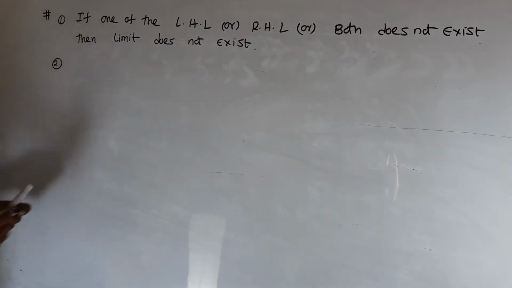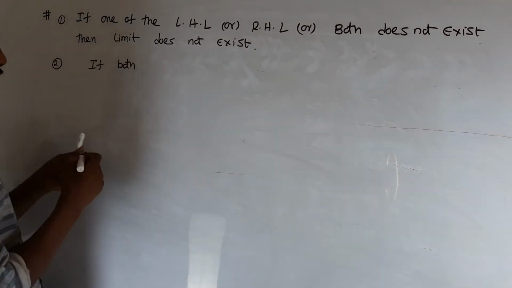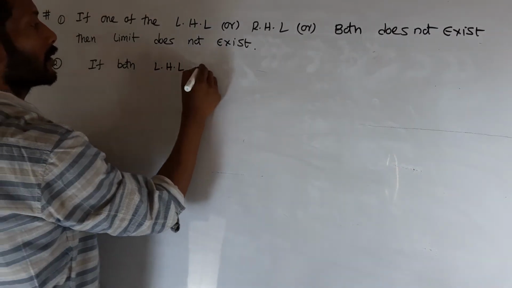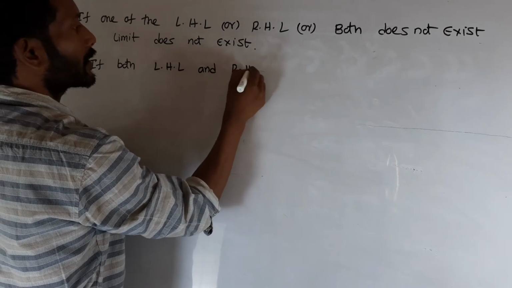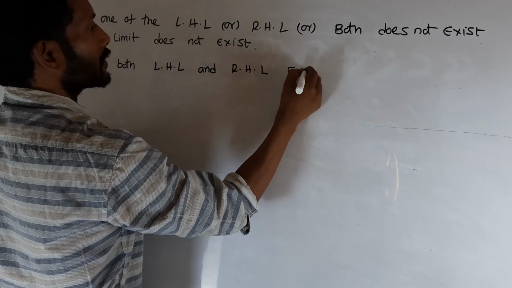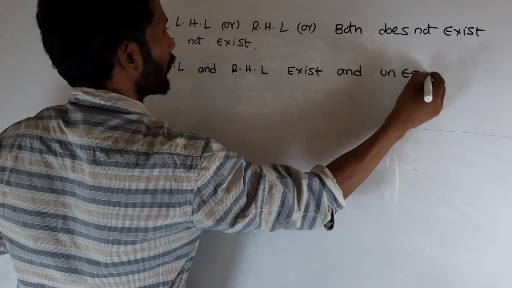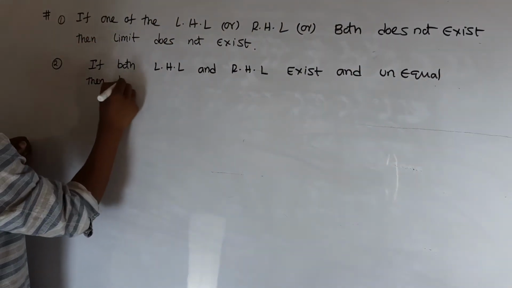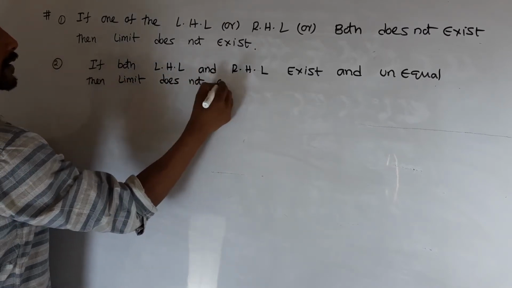Second one. If both left hand limit and right hand limit exist and are unequal, then the limit does not exist.